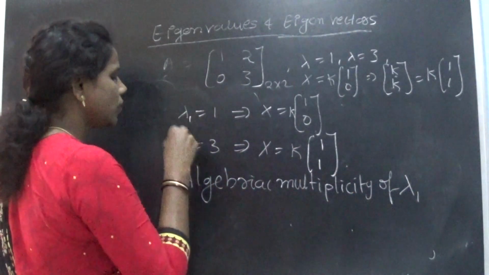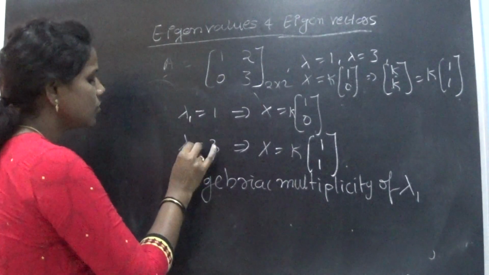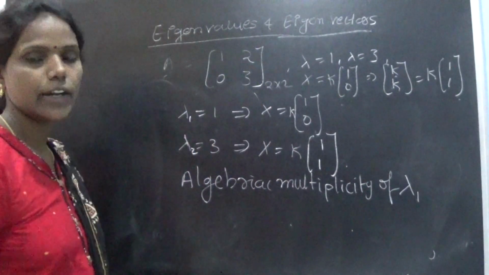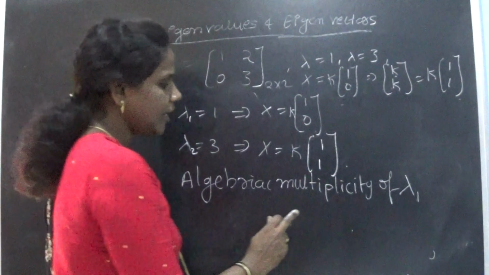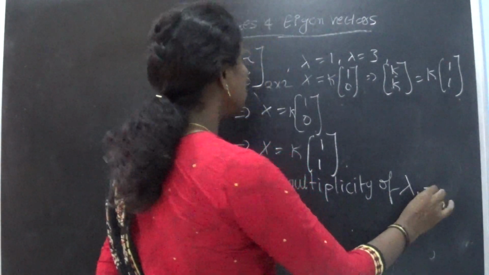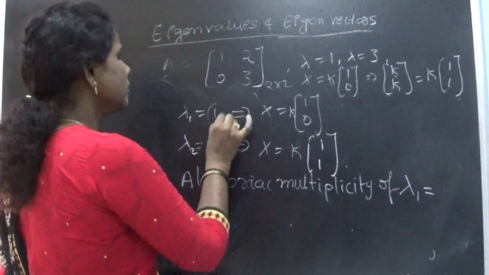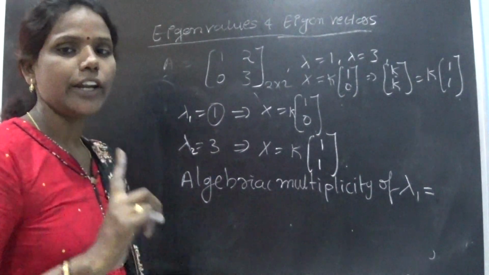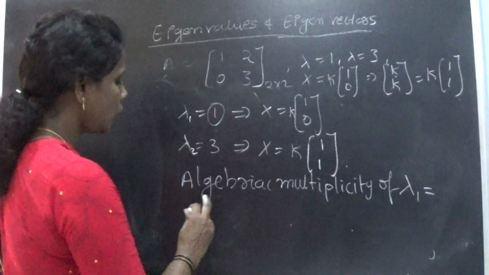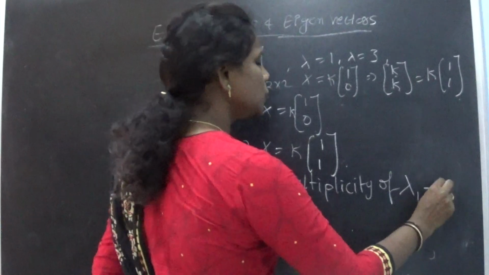When you get 2 values of eigenvalues, we can treat them as lambda 1 and lambda 2. The algebraic multiplicity of lambda 1, for this problem, is 1. The eigenvalue is repeated one time only. That's why the algebraic multiplicity of lambda 1 is 1.